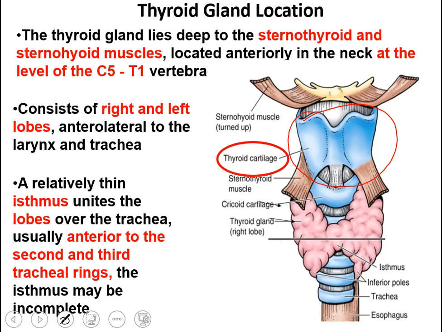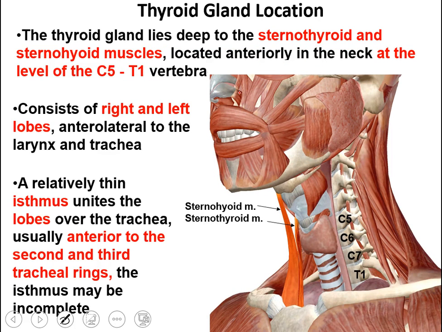Thyroid gland lies in the anterior compartment of the neck, somewhere on the level of C5 to T1, specifically under two muscles, one called sternohyoid and another sternothyroid, which are part of the so-called strap muscles of the neck.